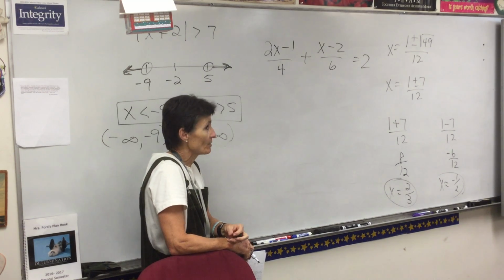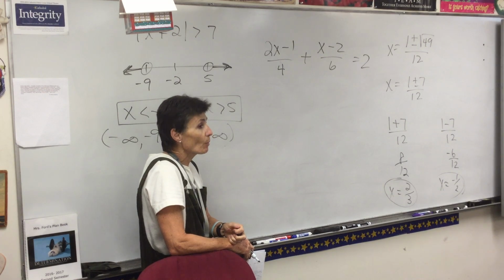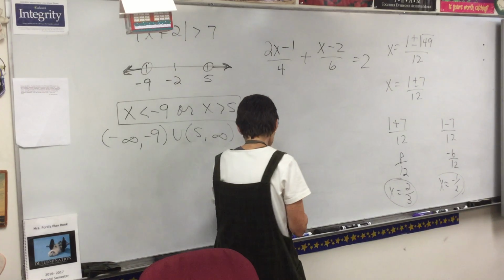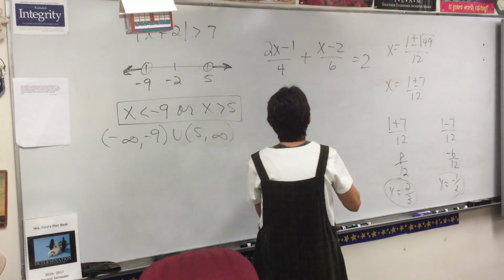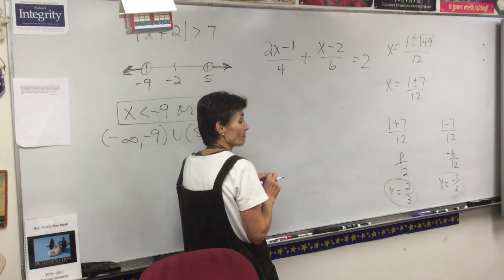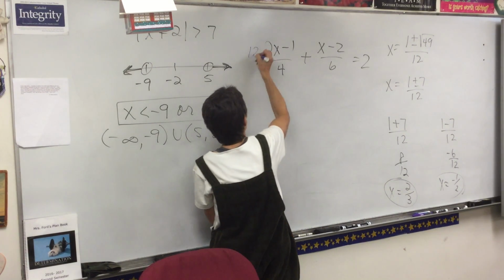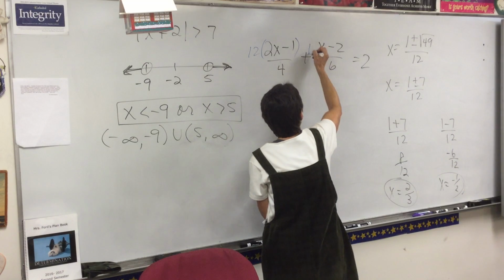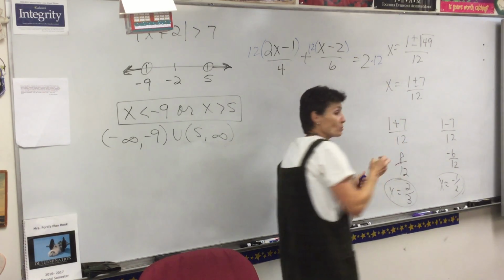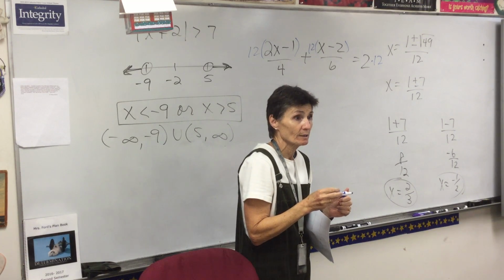I'd love to get rid of those denominators. How do I do that? I multiply by the common denominator. And what common denominator do you want to use with 4 and 6? 12. Now 12 would be a good one. Was anybody thinking 24? Okay, 24 will also work.